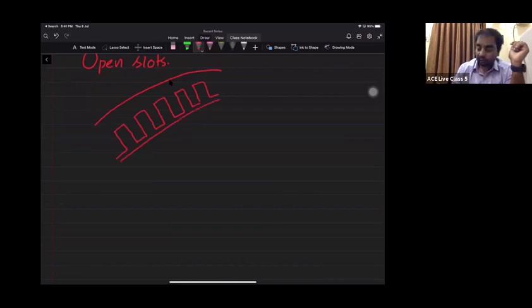Let me draw a single slot view, which we have already seen. So this is one conductor. Let us consider it is carrying the current like this. So here the leakages will be very less.